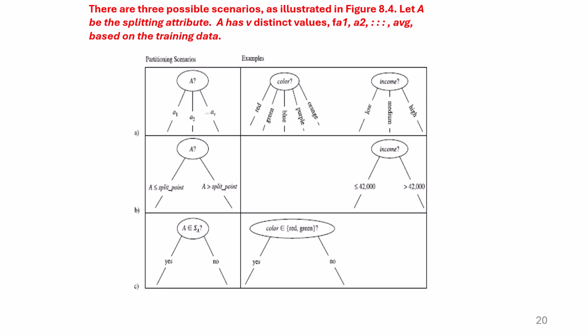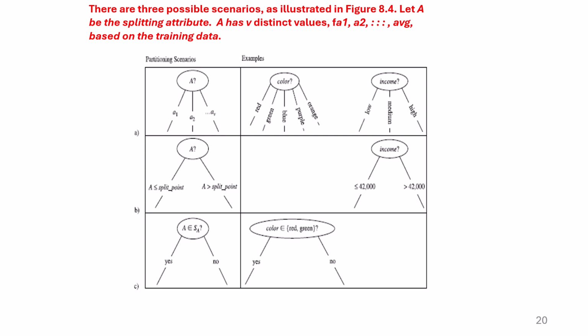Second, A is continuous valued. In this case, the test at node n has two possible outcomes corresponding to the conditions A is less than or equal to split point and A is greater than split point, respectively, where split point is the split point returned by attribute selection method as part of the splitting criterion. Number 3, A is discrete valued and a binary tree must be produced.